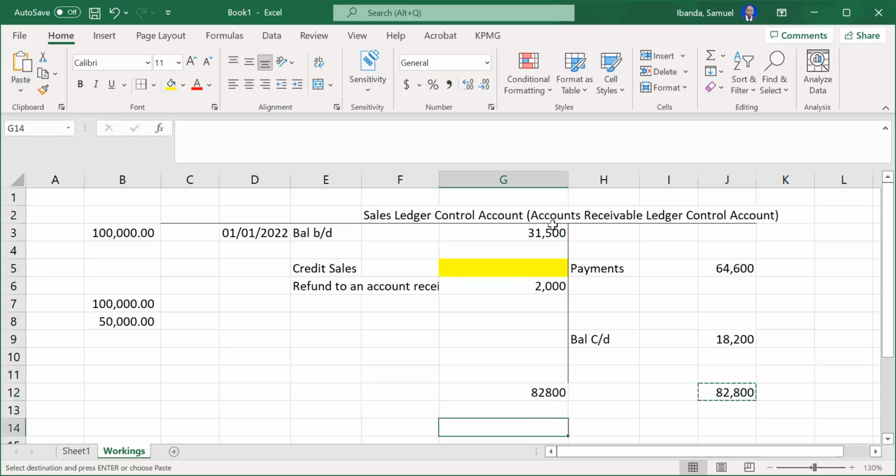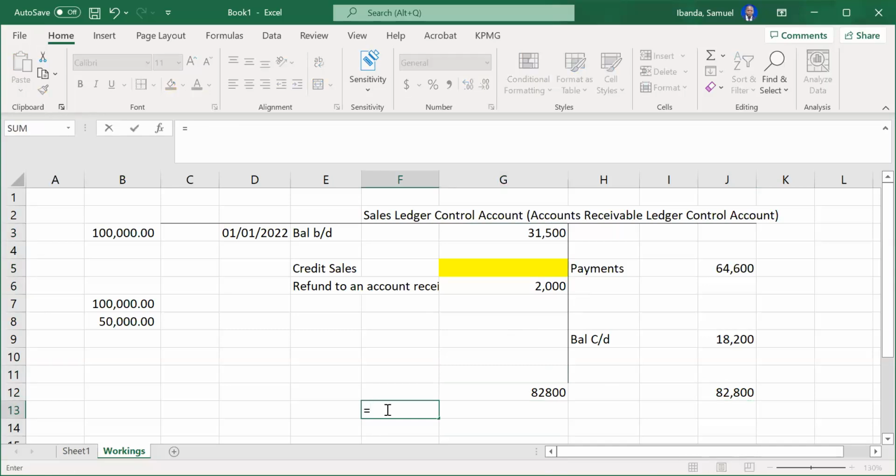So this same value should actually be the total here. The difference between 82,800 minus 33,500 gives me 49,300.